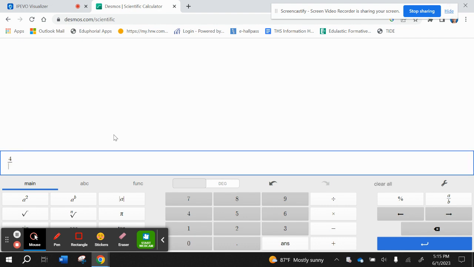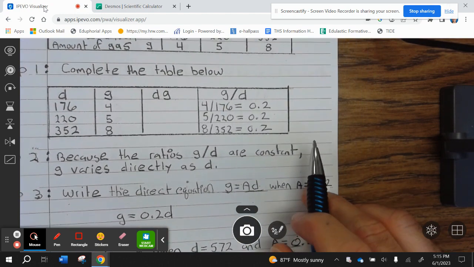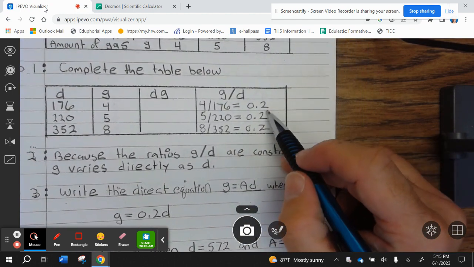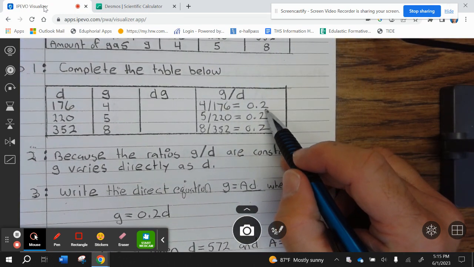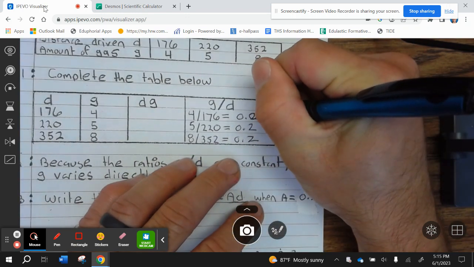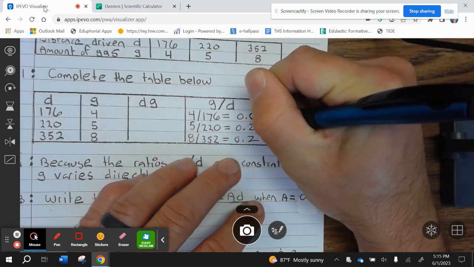Ooh, almost made a mistake. I put 0.2, and that's a common mistake students make, but I forgot the 0. This is a common mistake I've seen students make in the past. They put 0.2 instead of 0.02.